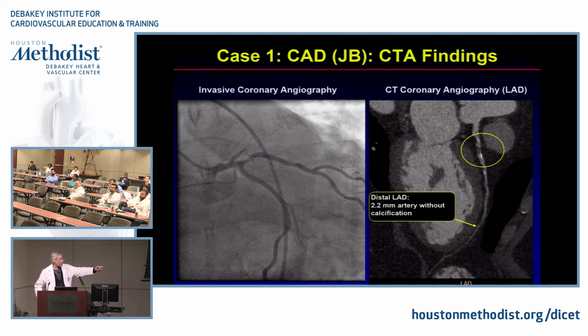And remember that we have the advantage on CT of having surrounding fat. Okay? So whatever we see in the artery is going to have higher Hounsfield units than fat, which is minus 60 Hounsfield units. So we have the artery, which is going to be around 50, 70 Hounsfield units, and we have the background tissue at minus 50 Hounsfield units. So we see it beautifully.